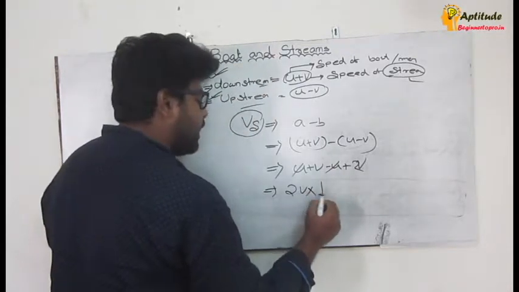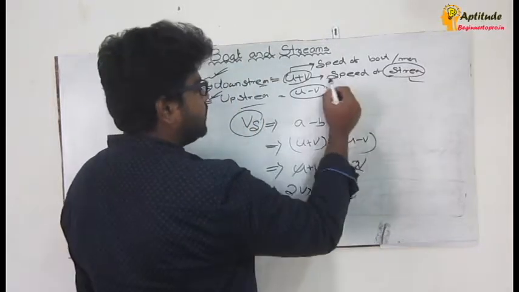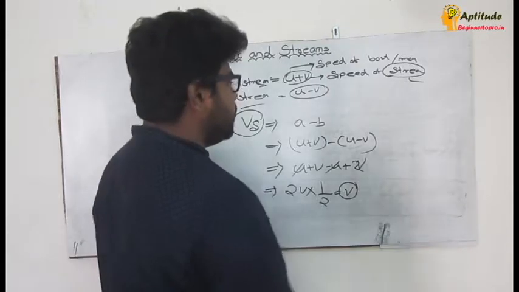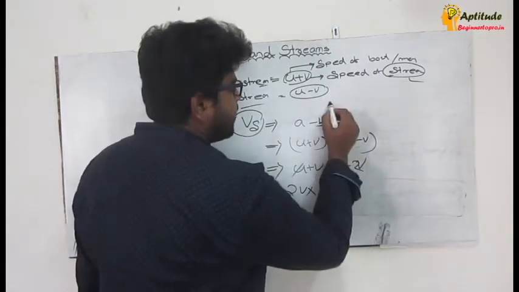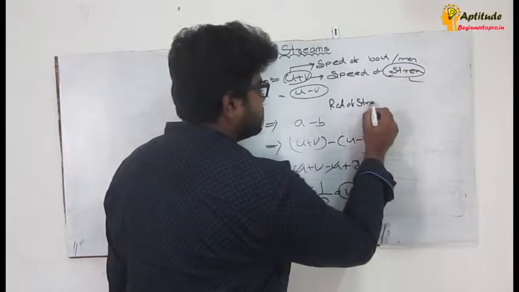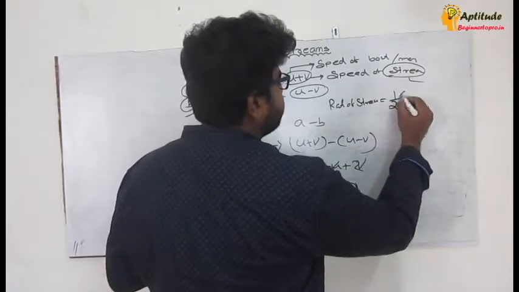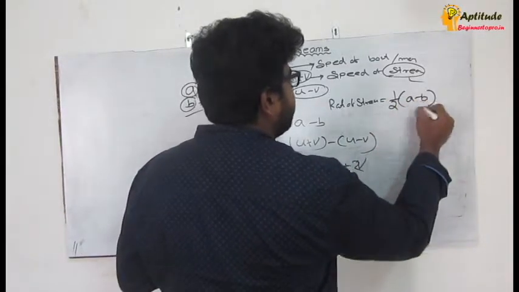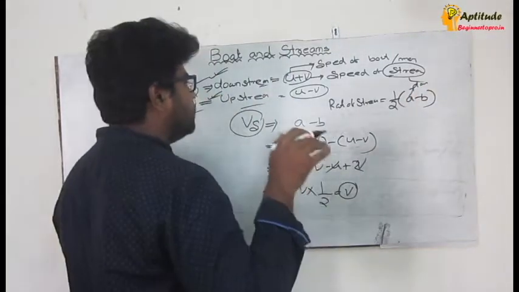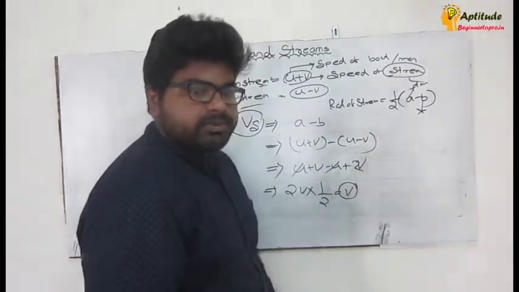If you multiply by half, we get v, which we have taken as the speed of the stream. So in simple terms, the rate of stream is equal to half into (A minus B), where A is the downstream speed and B is the upstream speed.